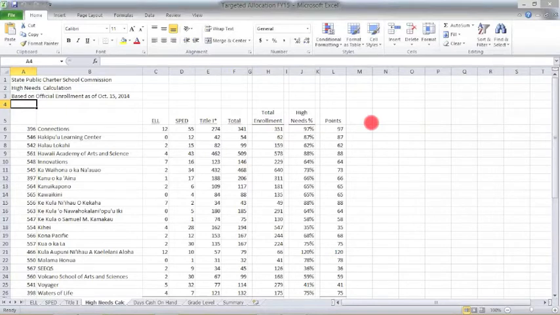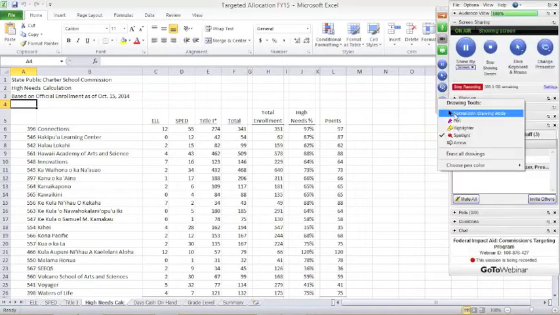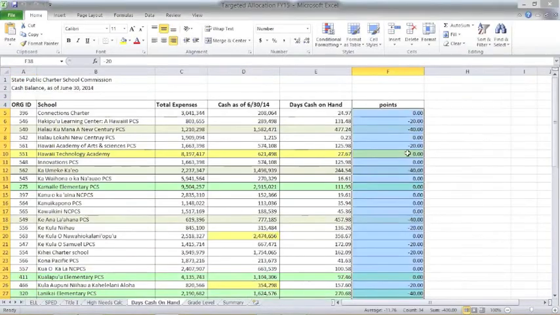The next piece that we look at is days cash on hand, and it is actually a negative adjustment for the schools. The rationale is that if you have higher cash available to you, you may not necessarily need as much cash as a school who doesn't.